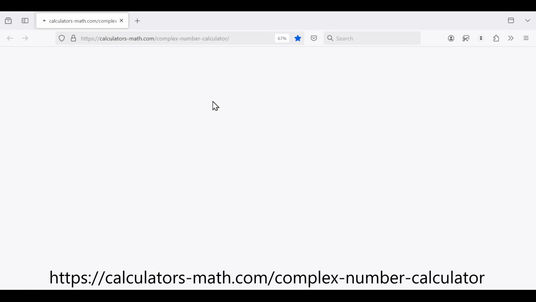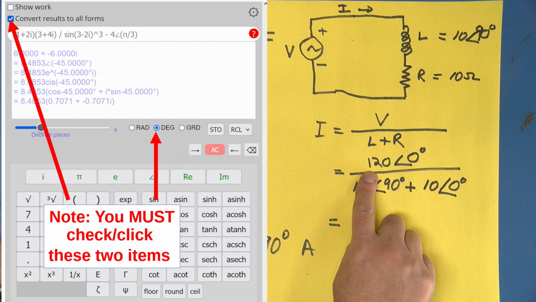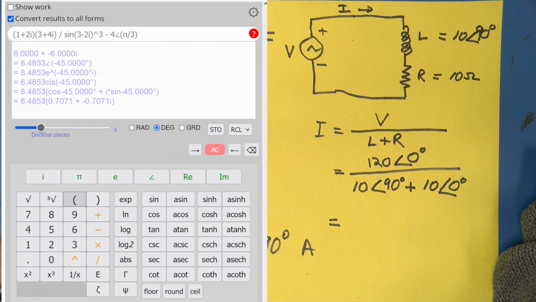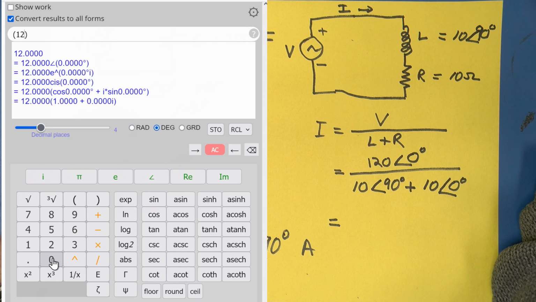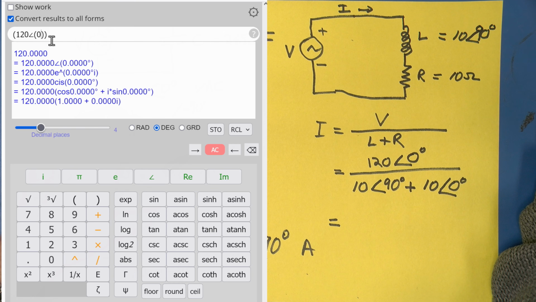And you'll see a link. The first thing we do is we have 120 at an angle of 0 degrees, so we're going to enter that, and I'm going to put that whole thing in brackets just so we make sure we get the order of operations right. And just a note here, the angle has to be within brackets itself in this calculator.